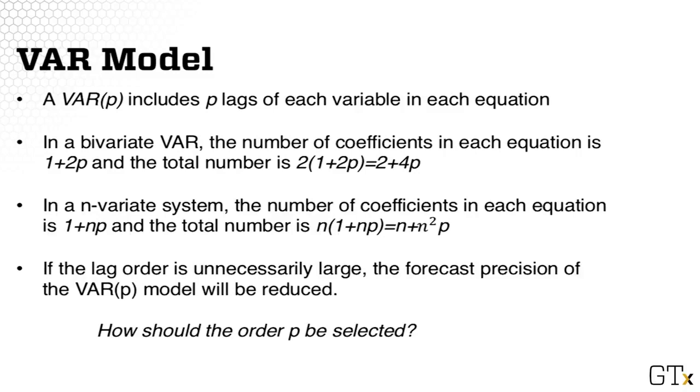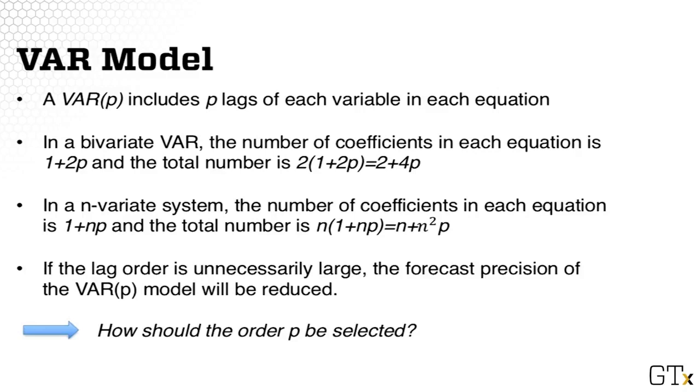If the selected P or the assumed lag order is unnecessarily large, the forecast precision of the corresponding VAR-P model will be reduced. Therefore, it's useful to have procedures or criteria for choosing the order P.